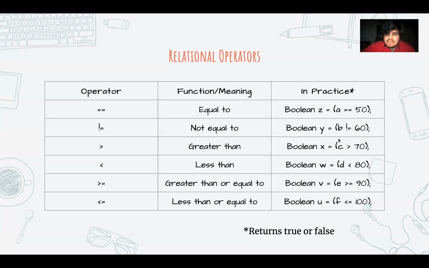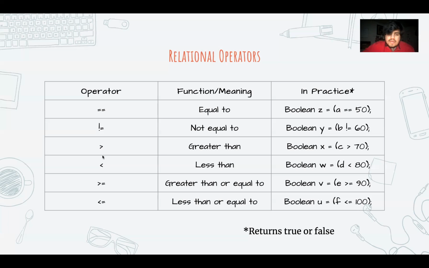But if B is any number that is not 60, then it would return true, because 61 is not equal to 60, that's true, and 62 is not equal to 60, that's true. It might be a little bit funny to think of it like that, but that's how we think about these types of relational operators.